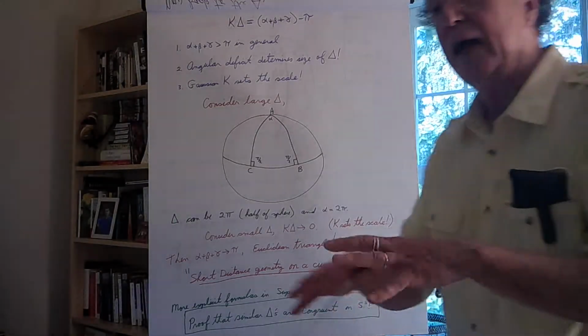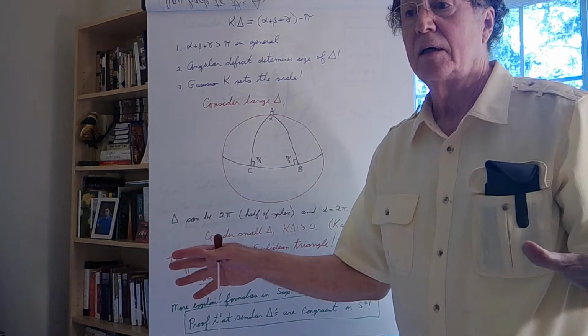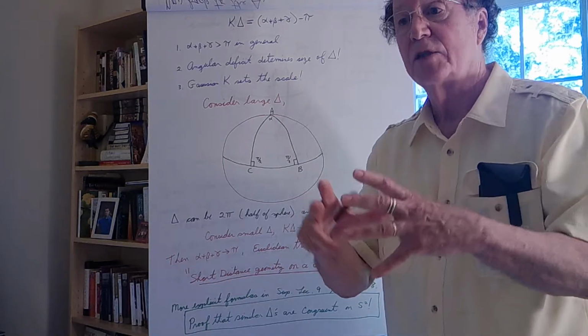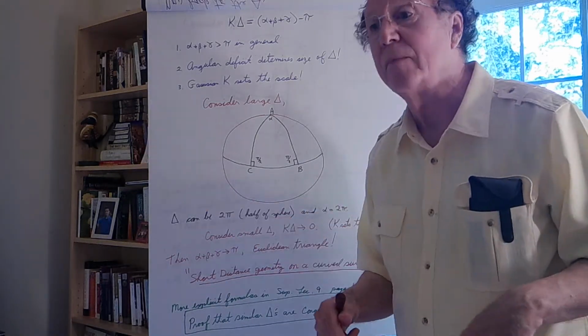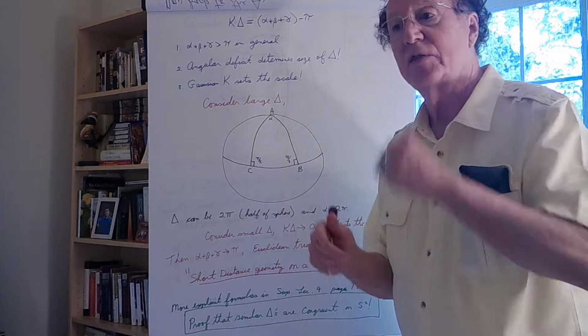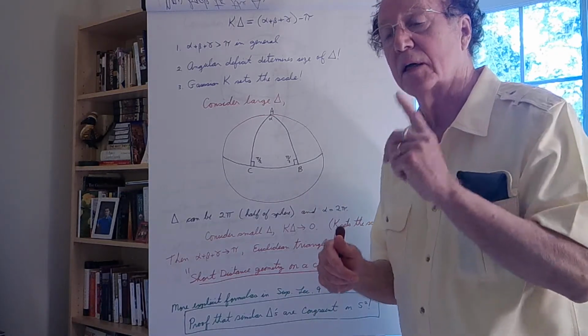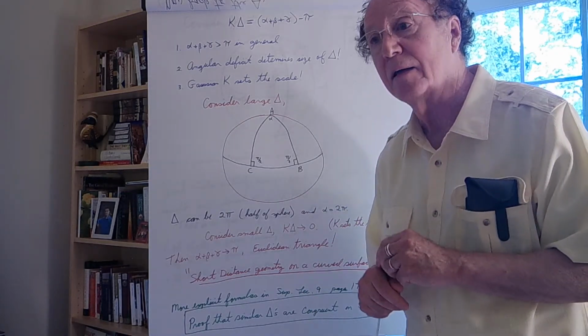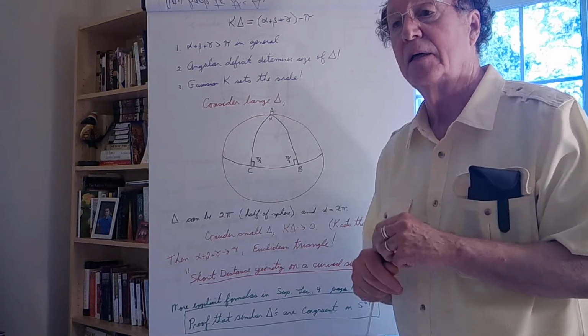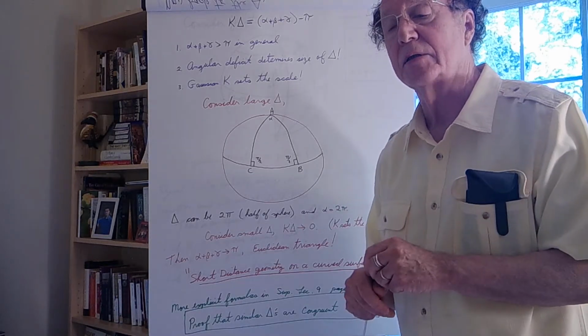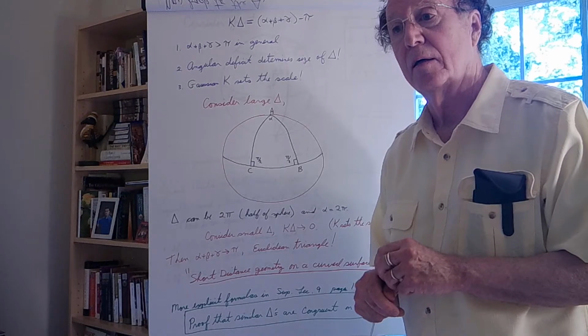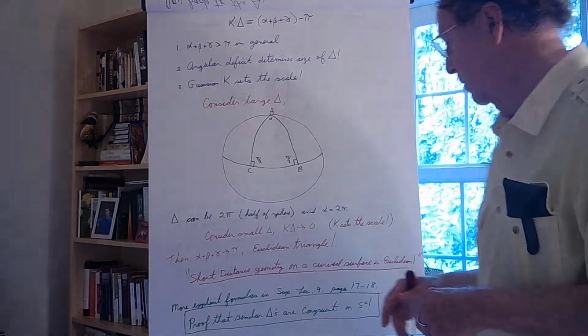In the case of the Euclidean plane, of course, you have similarity. You can have large triangles and small triangles of the same angles, but on the sphere, it's different because the Gaussian curvature sets a scale. If you tell me the angles, in this case the sum of the 3 angles, then I'll tell you the area. So very different sorts of geometries.